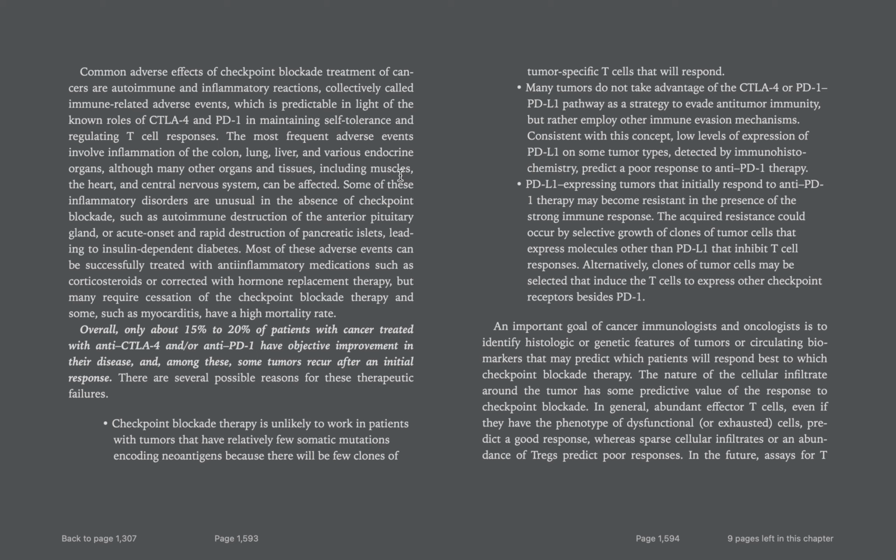Although many other organs and tissues, including muscle, the heart, and central nervous system, can be affected, some of these inflammatory disorders are unusual in the absence of checkpoint blockade, such as autoimmune destruction of the anterior pituitary gland, and acute onset and rapid destruction of pancreatic islets, leading to insulin-dependent diabetes.